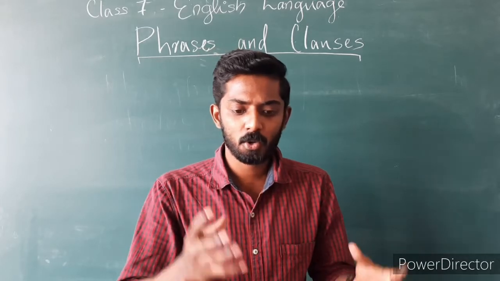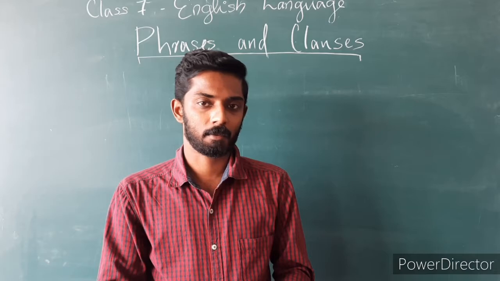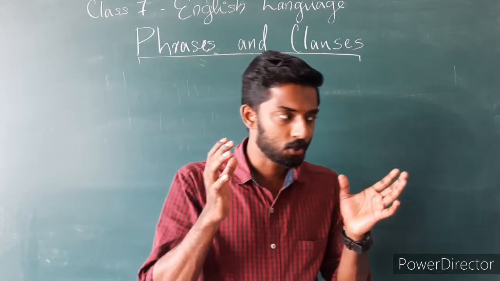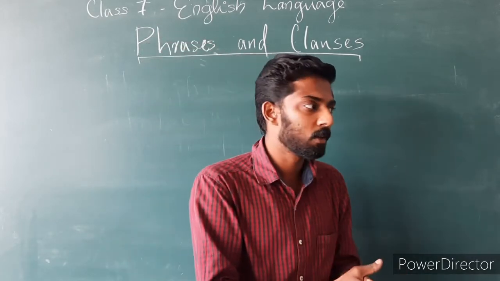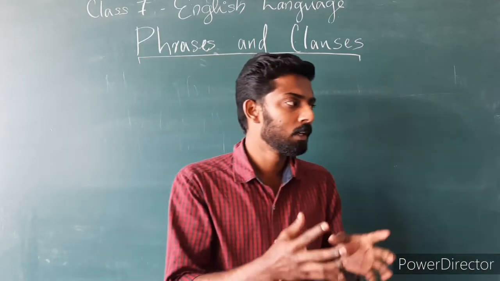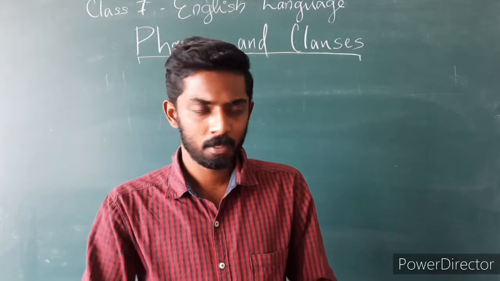A clause is a group of words that contains a subject and a predicate, and it gives a meaning. There are two types of clauses, that is independent clause and dependent clause. An independent clause has a subject and a predicate, and it gives a complete meaning.